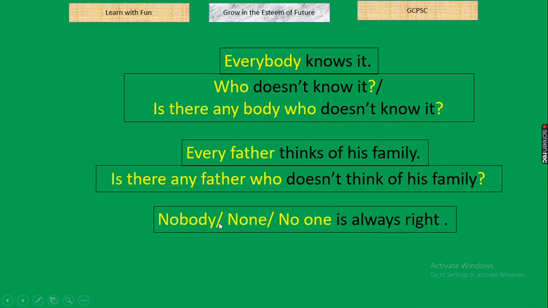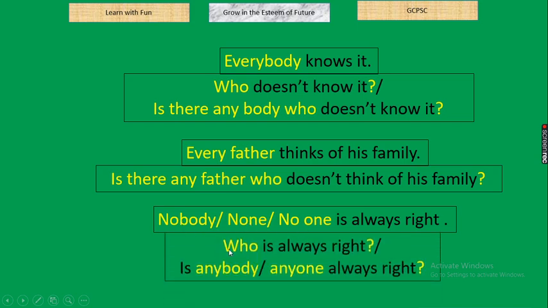Nobody, no one, or none. Nobody, none, no one is always right. So the rule says, what will happen in case of nobody, none, no one? Instead of nobody, we can take who. Instead of none, we can take who. In case of no one, we can take who. No change in the rest of the sentence.